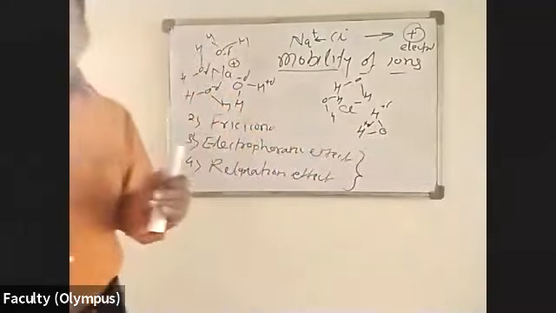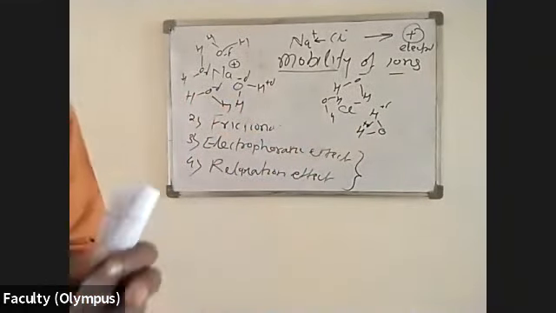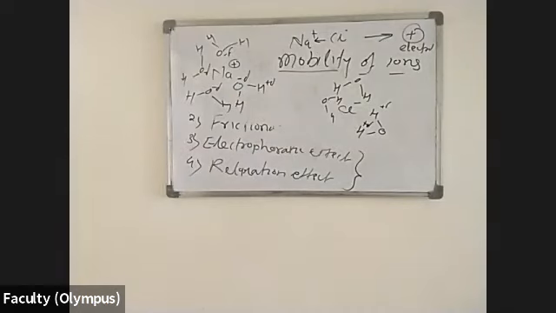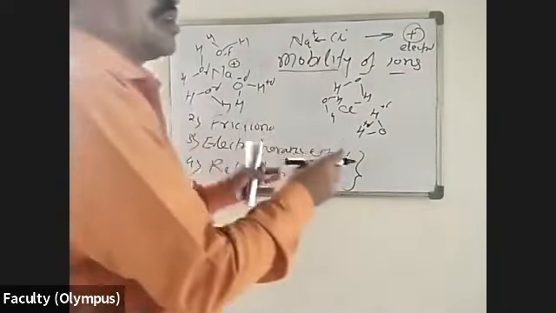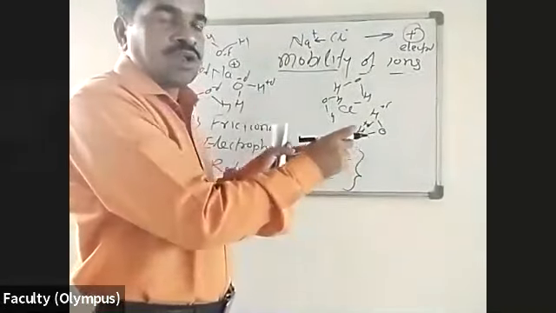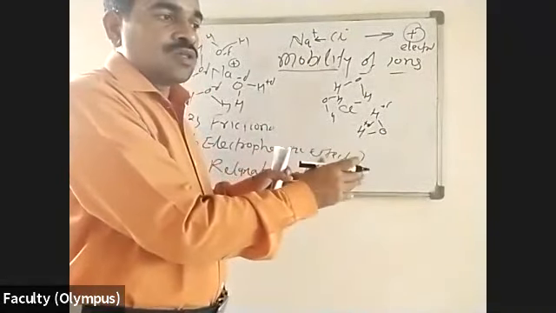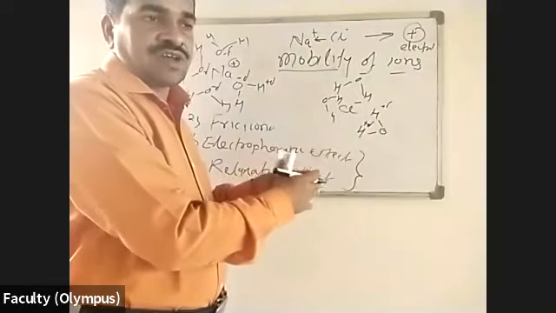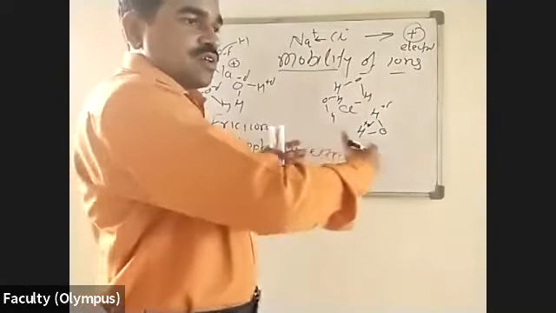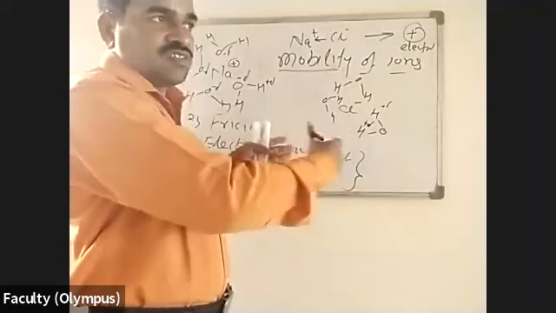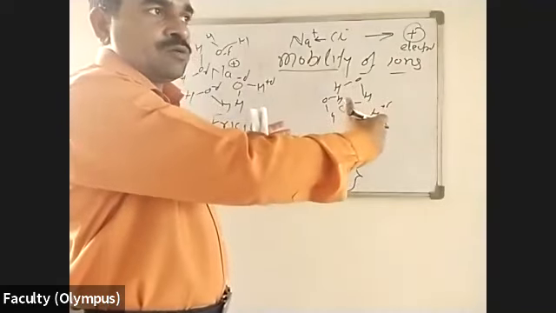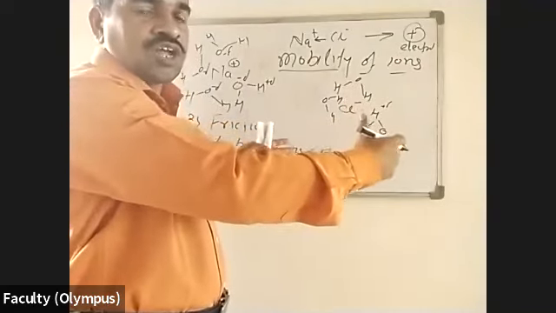Means the ionic atmosphere, which was randomly distributed, when we apply electric current by dipping the electrodes, the ions get separated towards both electrodes.